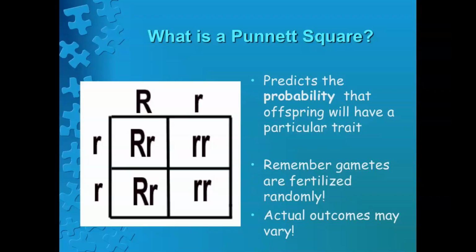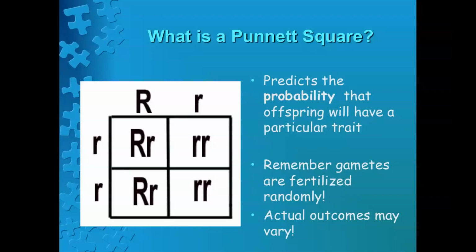Because when you go through a mating event, the egg that the mom gives and the sperm that the dad gives are going to be randomly selected from all of the eggs and sperm that they could possibly be making from that particular set of meiotic events.